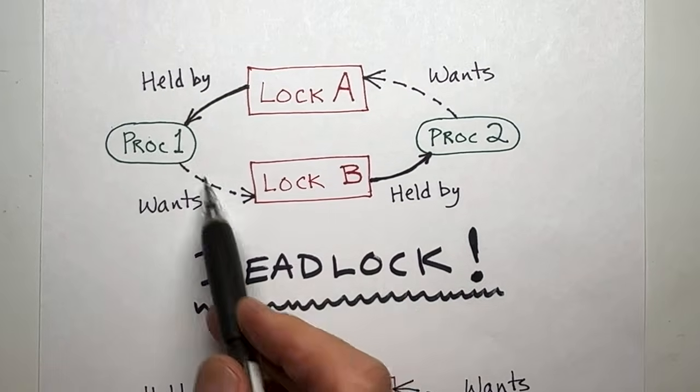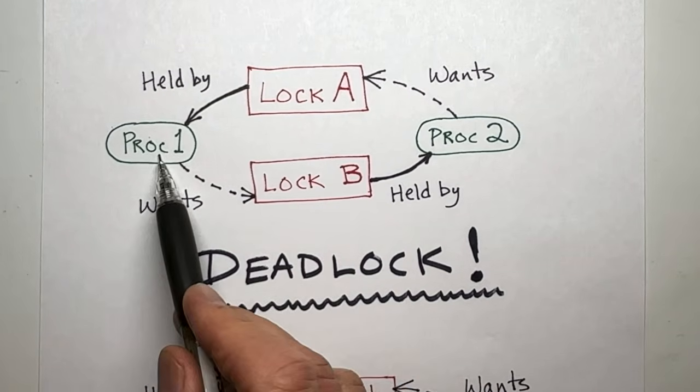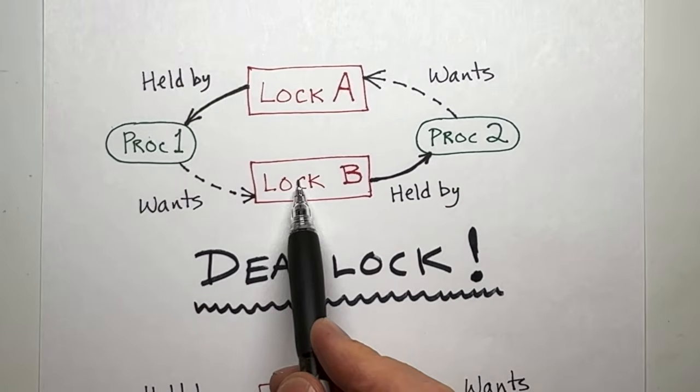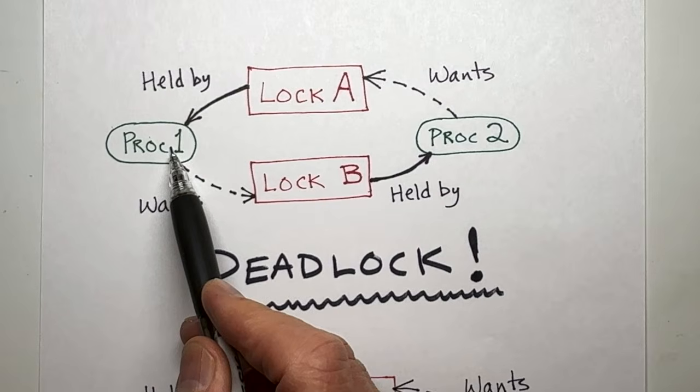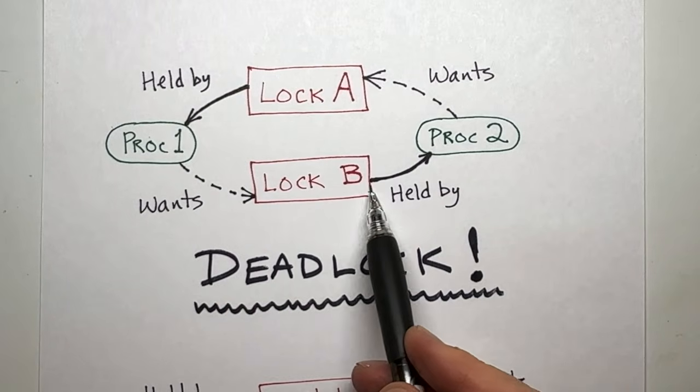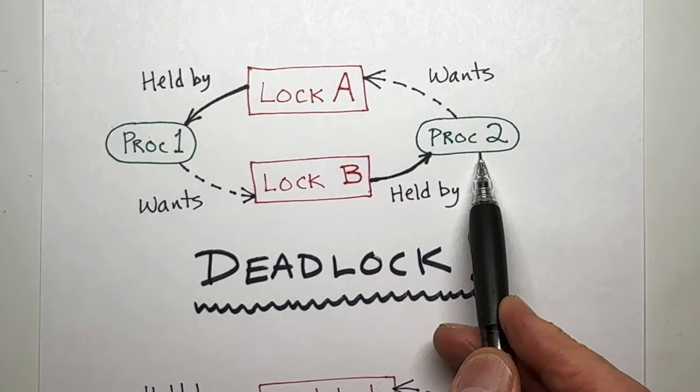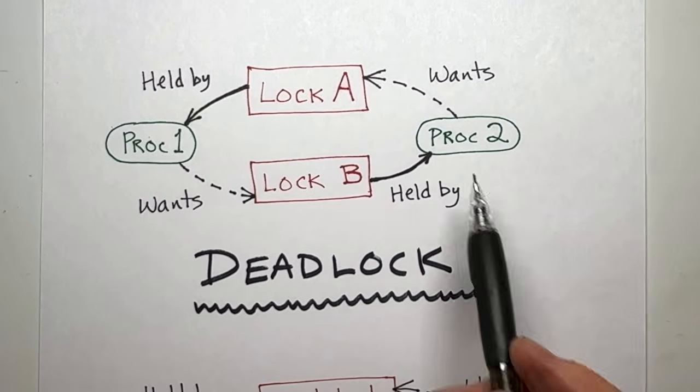Here's a simple deadlock situation. We have two processes and two locks. This diagram indicates that lock A is currently held by process 1 using a solid arrow. And likewise, we see that lock B is currently held by process 2, again indicated with a solid arrow.